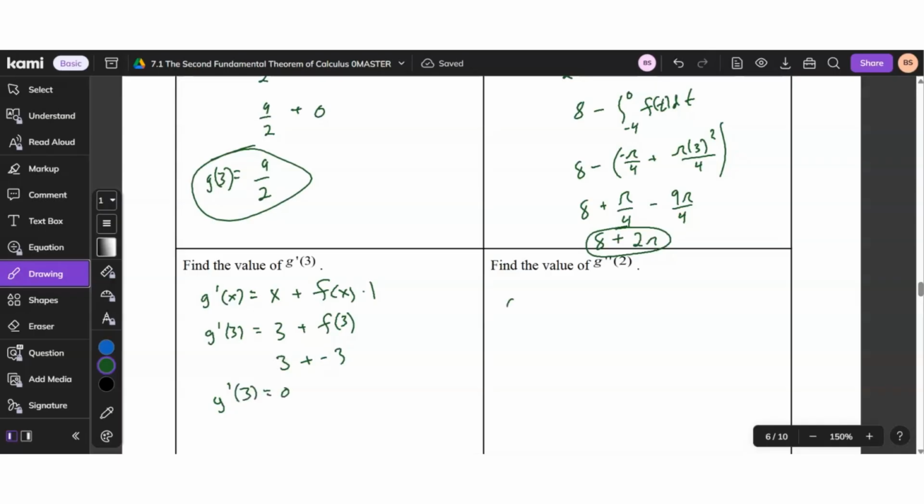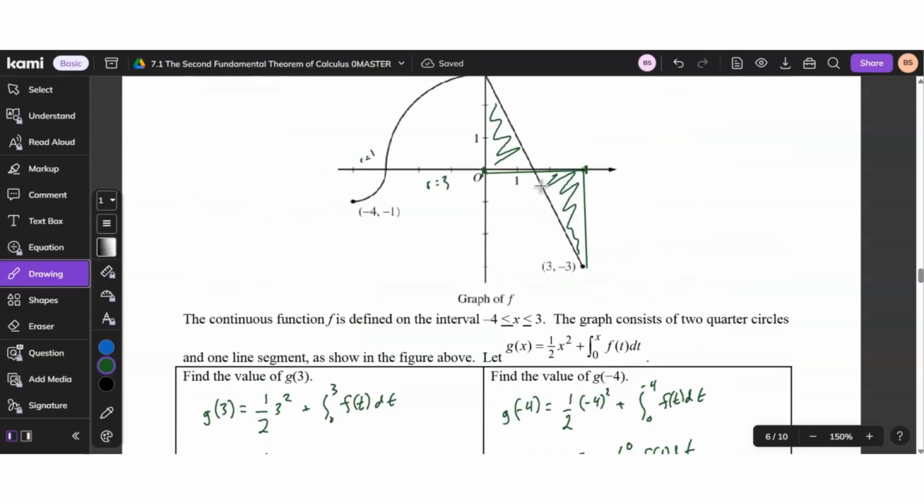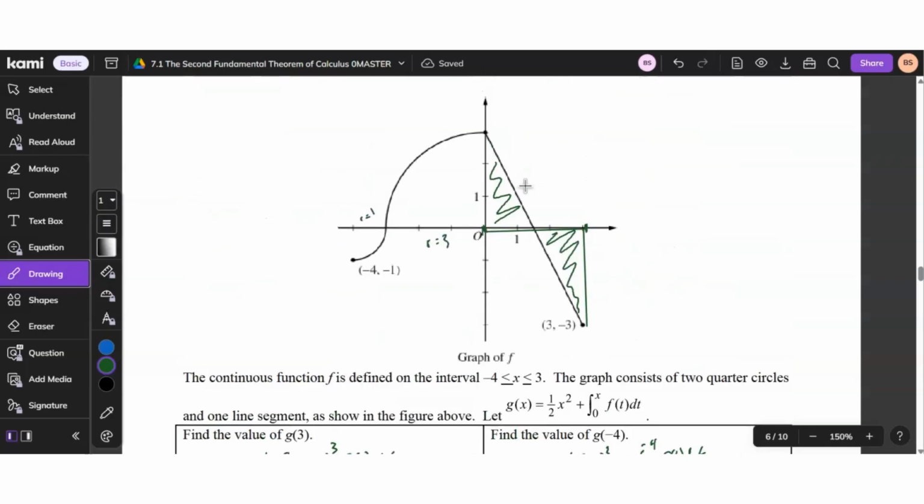Now to find the second derivative, we take that first derivative that we already had, and we're simply going to differentiate it. So the second derivative now is going to be 1 plus f prime of x. So what that means is we're looking for the slope at whatever value. So g double prime of 2 means it's 1 plus the slope at 2. So let's go up here. 2 is right here on this big line.